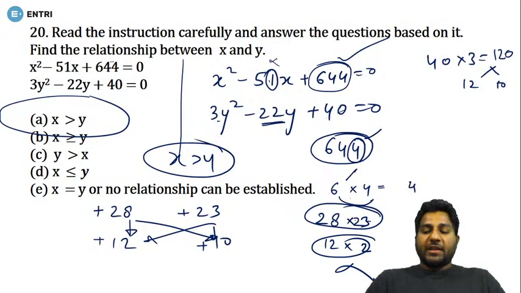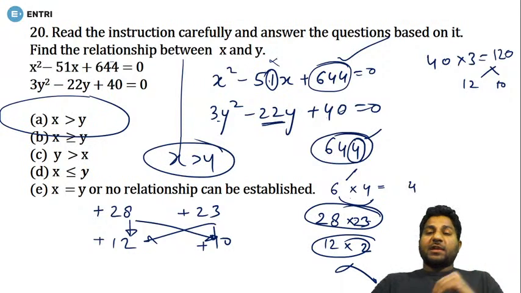Just watch the technique I have taught you. Yes, Rani, absolutely correct. X is greater than y. Just remember one thing, you have to use every method which can prevent you from spending time on a particular question.